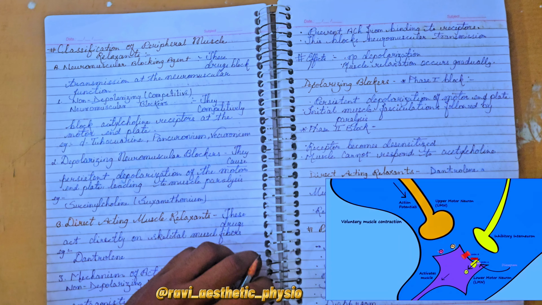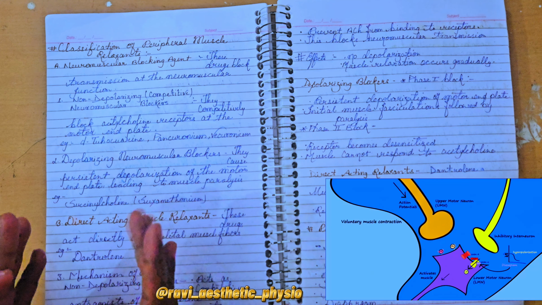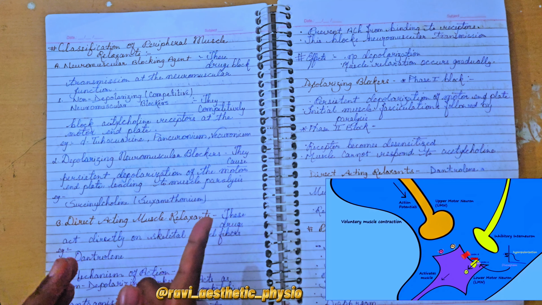These neuromuscular blockers cause persistent depolarization of the motor end plate, leading to muscle paralysis. It means they act directly on the neuromuscular junction and block the depolarization action of the skeletal muscle.